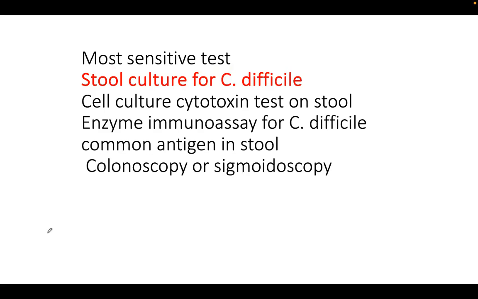Now, most sensitive here is stool culture. Colonoscopy and everything else will just be confirmatory, but that is not the gold standard. The gold standard is really stool culture. And if you do an immunoassay, that is going to be very, very helpful. Now, treatment.